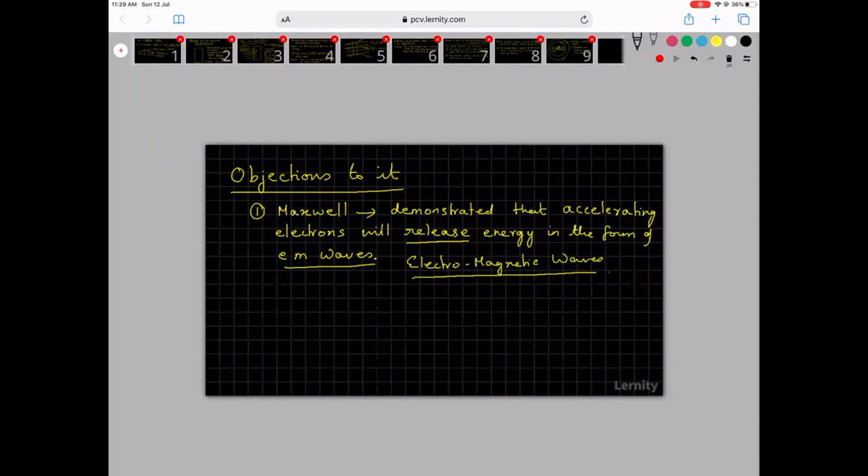Now the problem is, if electrons are moving in a circle, they are accelerating. If they are accelerating, then they must also be releasing energy. If electrons are liberating energy, they must be losing energy.